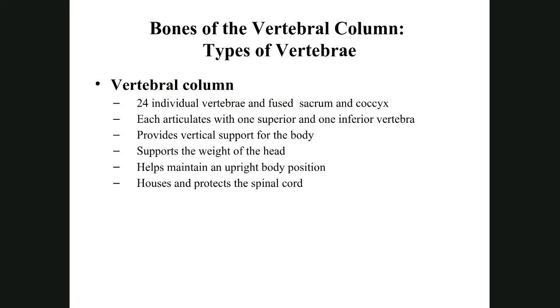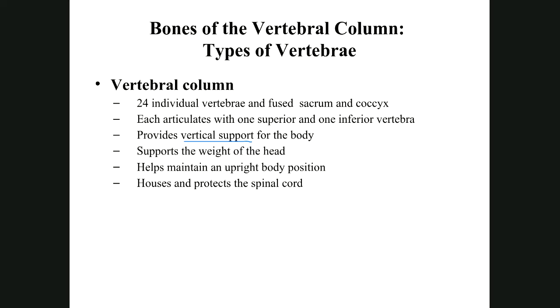All right. A big function for the spine, other than protecting the spinal cord, is to provide vertical support for the body. Upright vertical support. That's how you're able to sit upright, stand upright. That's the vertebral column. Also, because your head sits on top of it, it has to support the weight of your head.